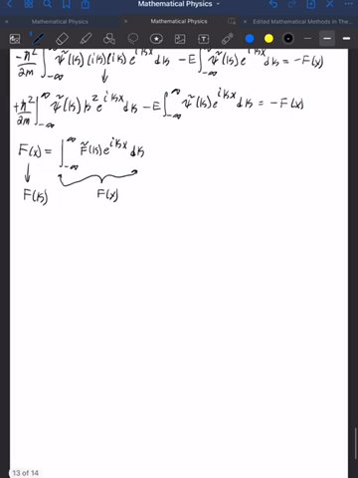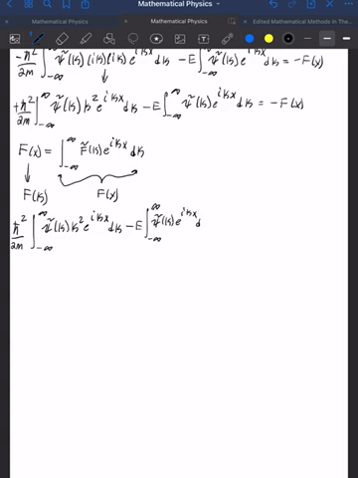And so if we do that, let's substitute f of x for its corresponding integral in the above equation. So we get h bar squared over 2m, the integral from minus infinity to infinity of psi tilde of k times k squared e to the ikx dk, minus e times the integral from minus infinity to infinity of psi tilde of k e to the ikx dk.